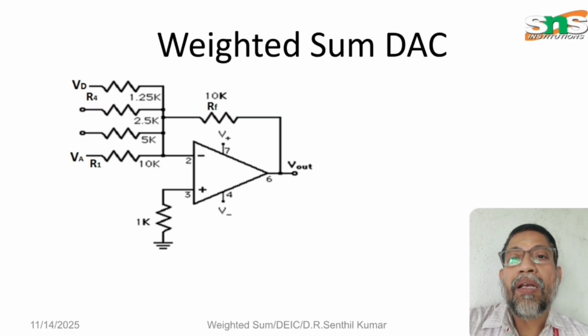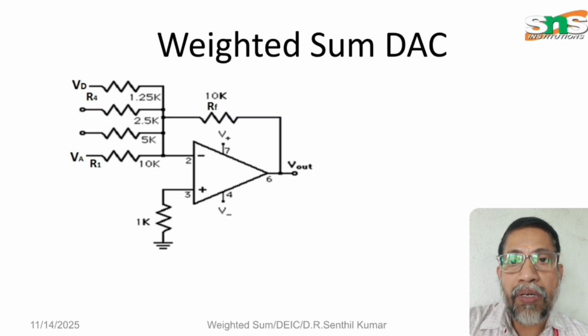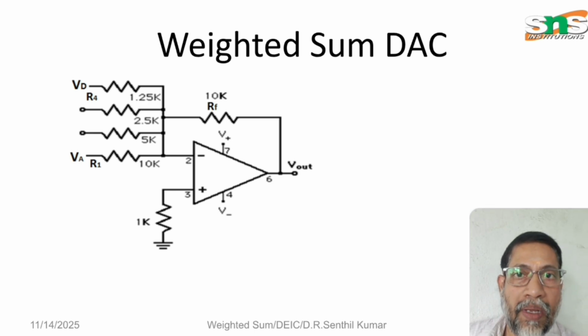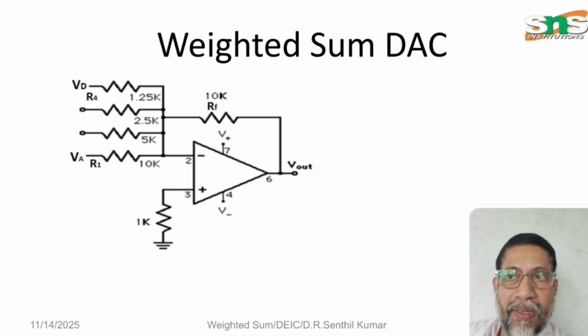The triangle indicates an operational amplifier, where the non-inverting input, the plus terminal, is connected through a 1K resistance to ground. The inverting input is given the supply.